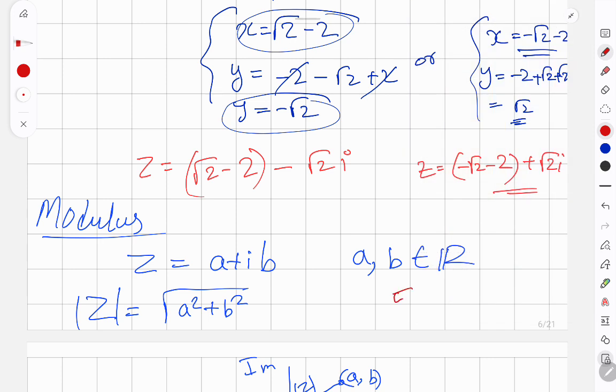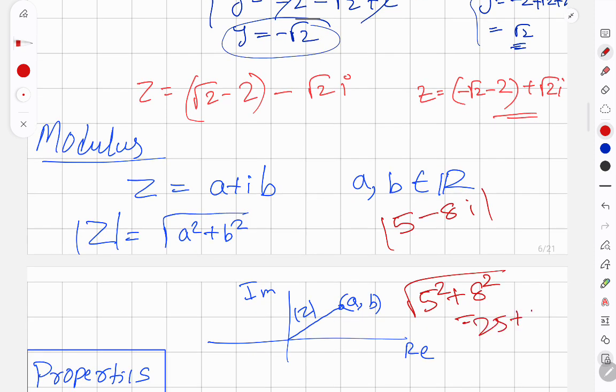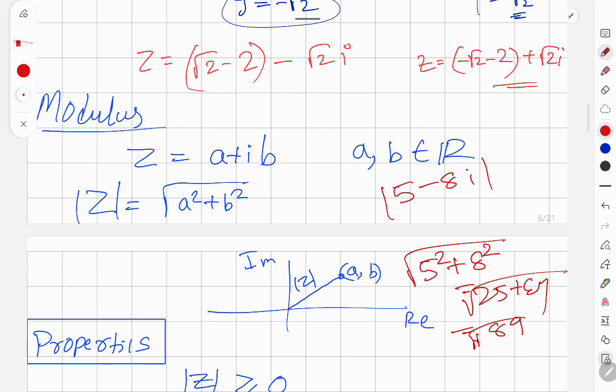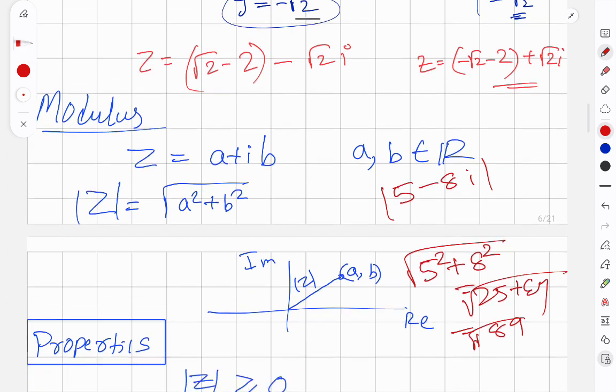For example, 5 minus 8i: the modulus is the square root of 5 squared plus 8 squared, that is the square root of 25 plus 64, which is the square root of 89.